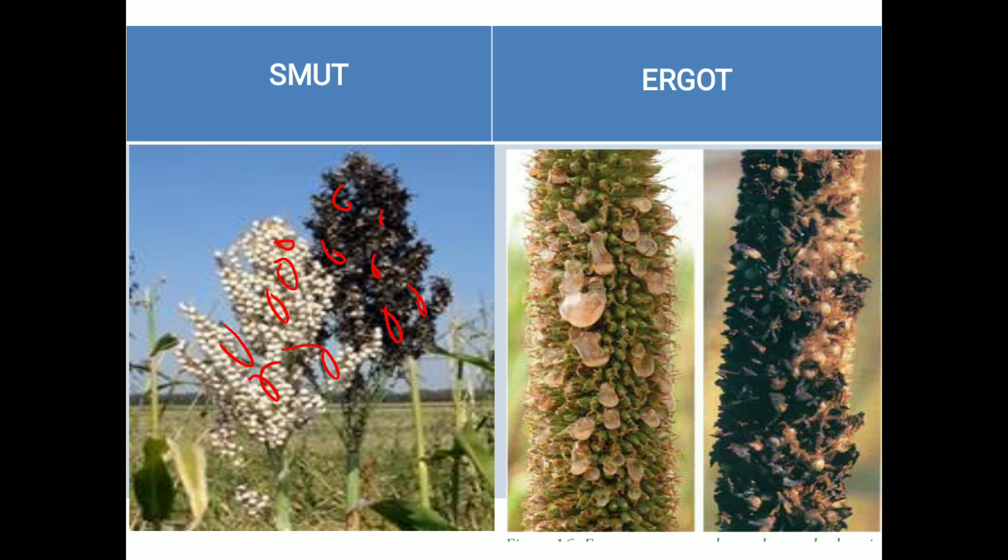Then ergot means what? Ergot and smut are somewhat similar. Here the grains are replaced by a blackish powdery mass, mostly at the flowering stage. From the infected portion, gummy or honey-like sticky substances are exuded from the ear head.